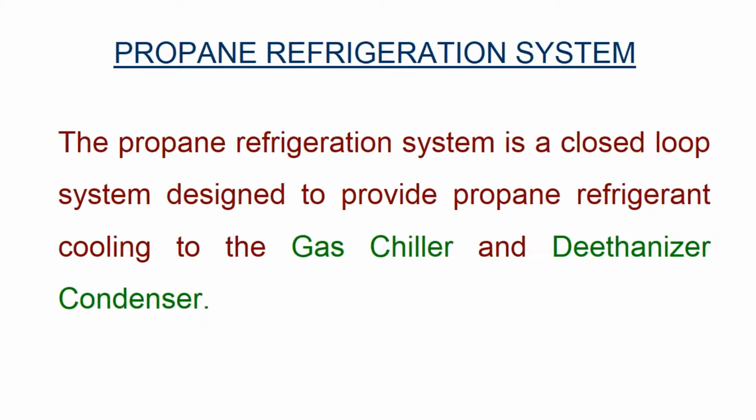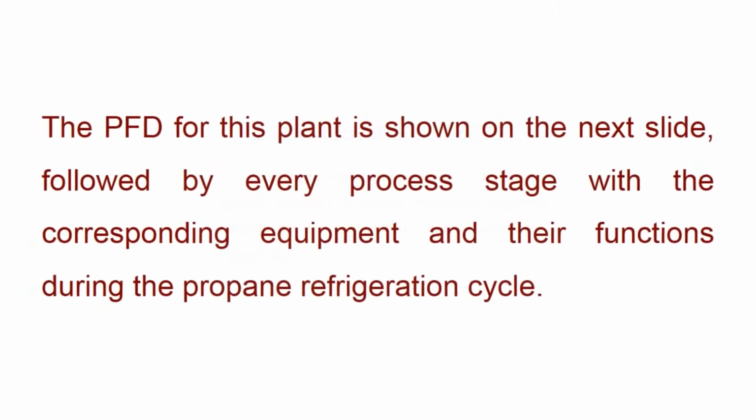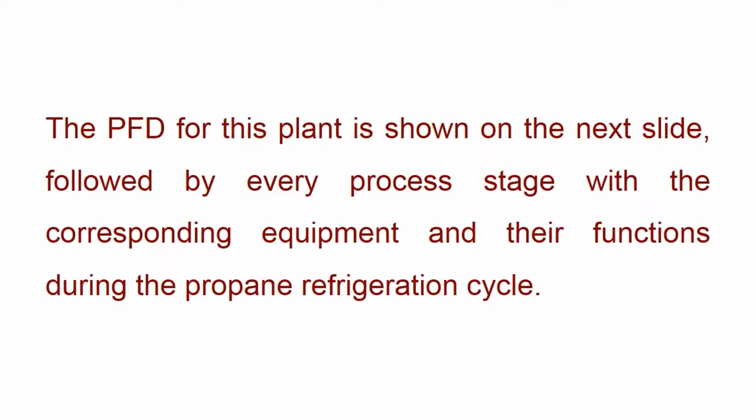The propane refrigeration system is a closed-loop system designed to provide propane refrigerant coolant to the gas chiller and deethanizer condenser. The PFD for this plant is shown on the next slide, followed by every process stage, with the corresponding equipment and their functions during the propane refrigeration cycle.